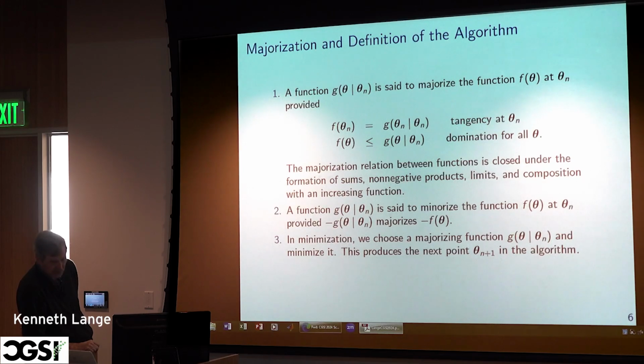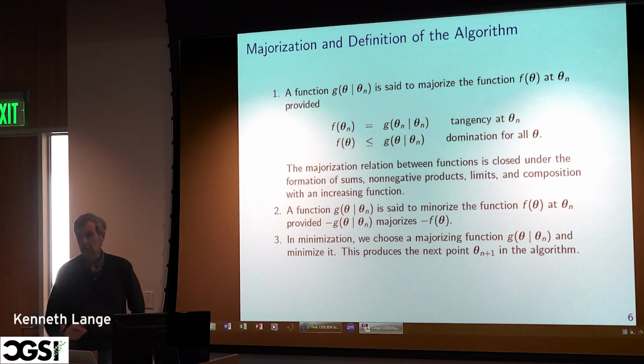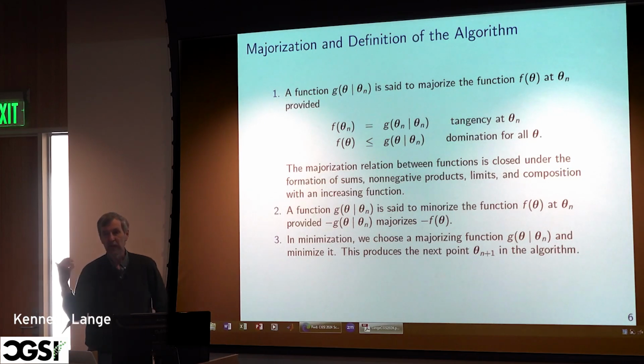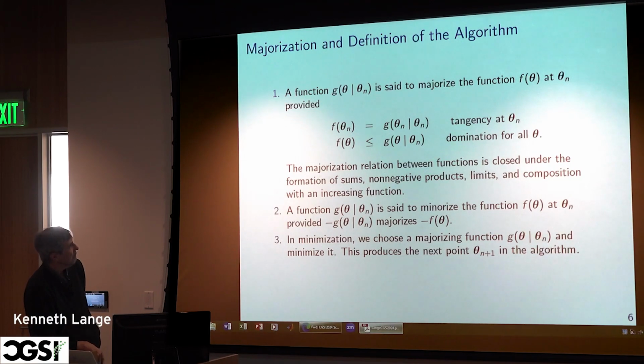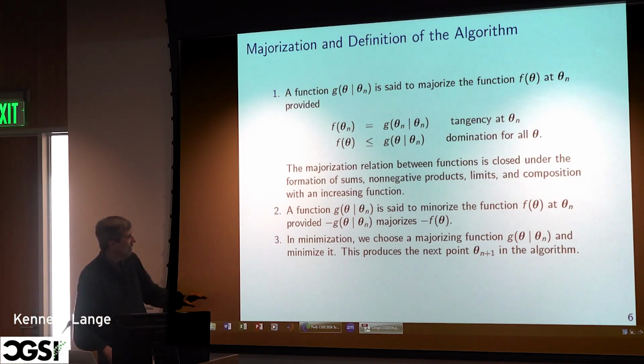And the nice thing about this notion of surrogate function, you can work piecemeal on a complicated function. So a complicated function may have simple parts which you want to leave untouched, and then you can work on the hard parts and minorize or majorize as you need those parts. And we'll see how that works later.